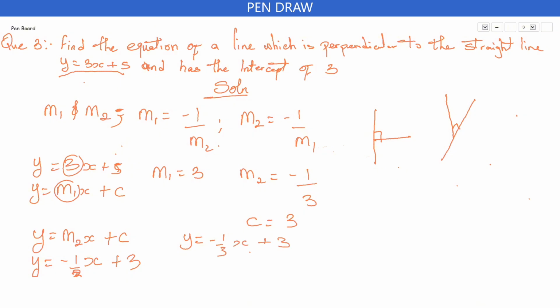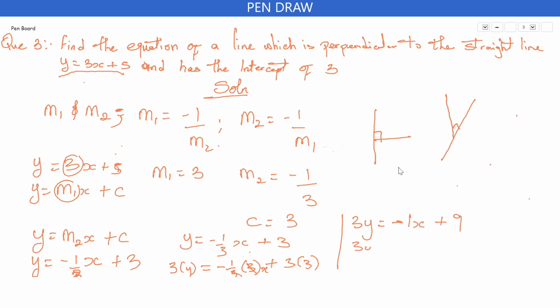If I multiply all through by 3, I'm going to have 3y is equal to minus 1x plus 9. I'm multiplying all through by 3 because I don't want the fraction. So the final answer is 3y equal to minus x plus 9. Do you understand?